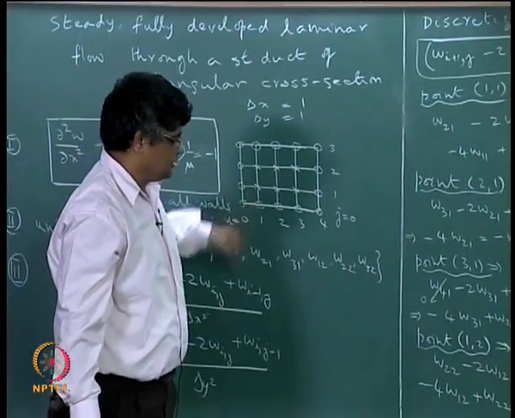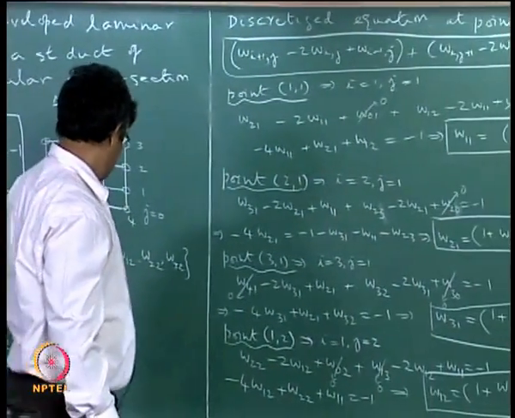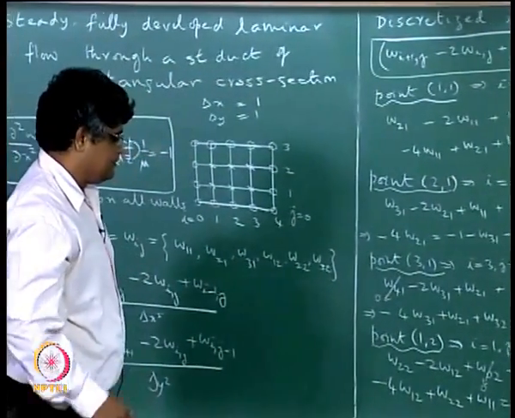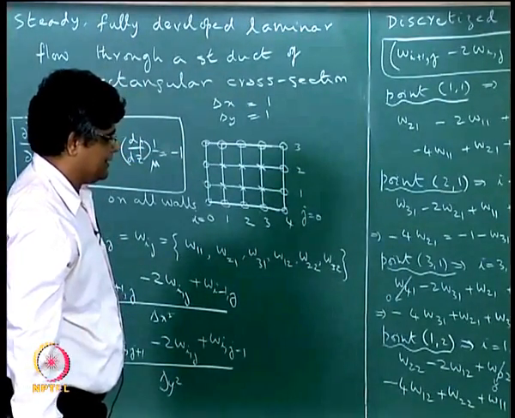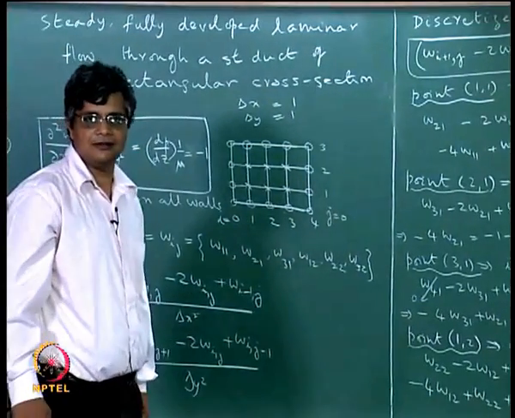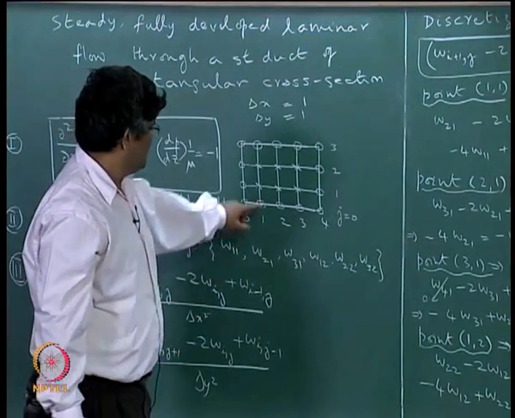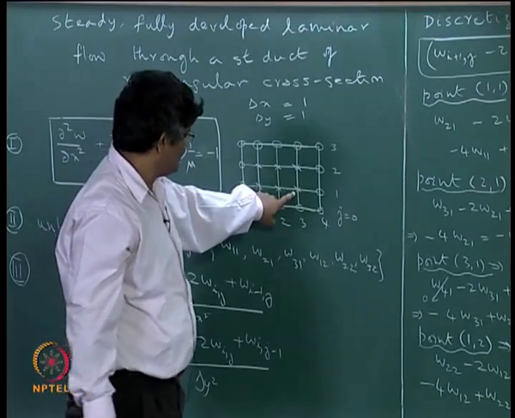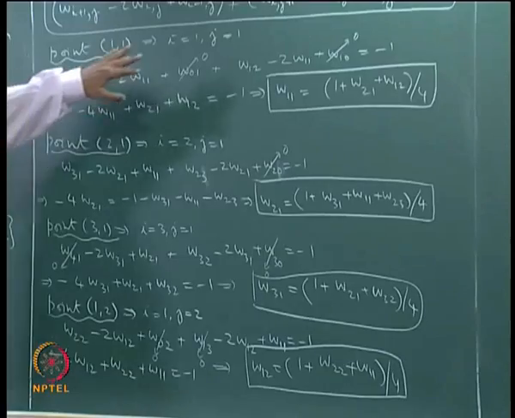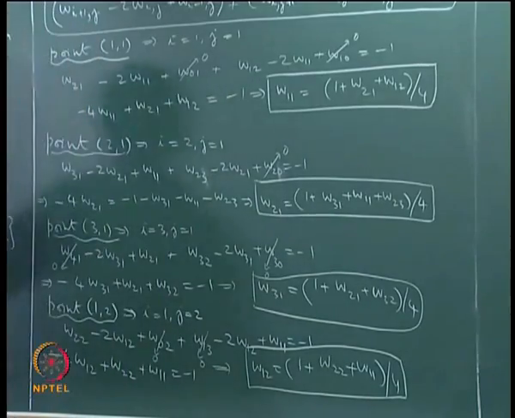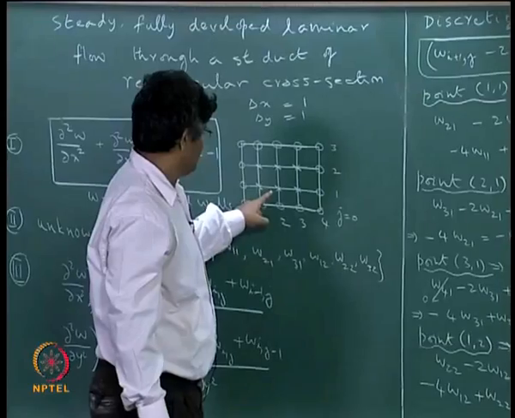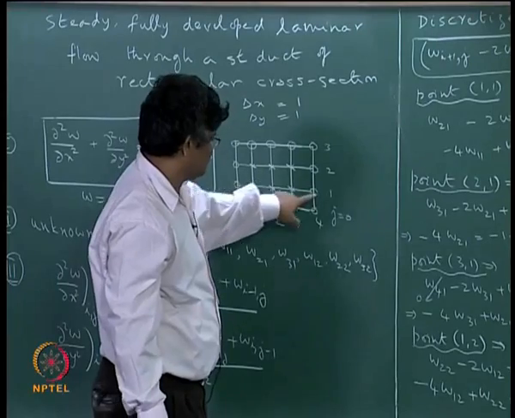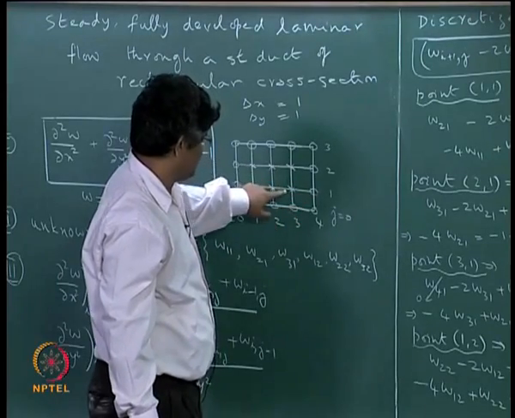So we have to do these two expressions, and if we want we can look at a pattern that is developing. So the value at this particular point is given as the right hand side here plus the neighboring points, this plus this plus this plus this, these two are 0, divided by 4.